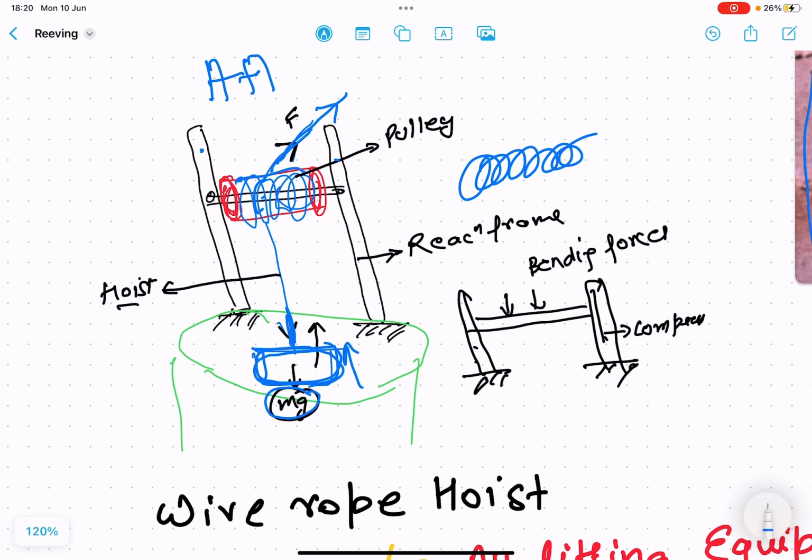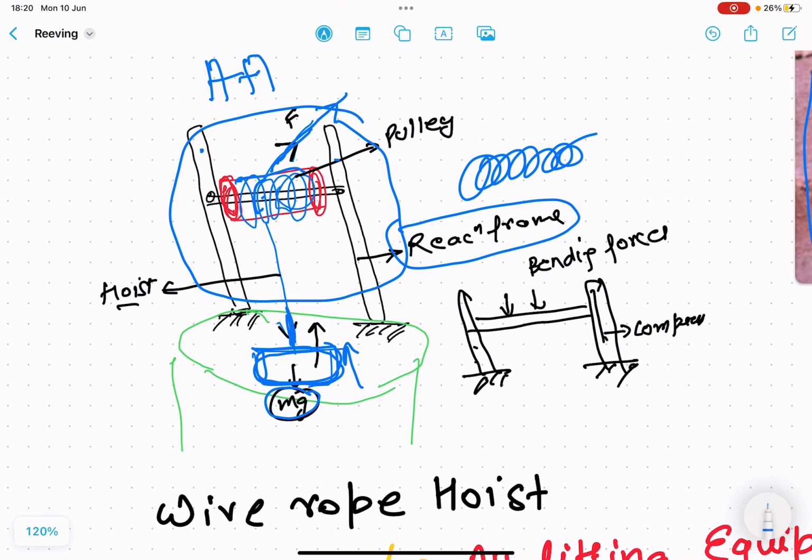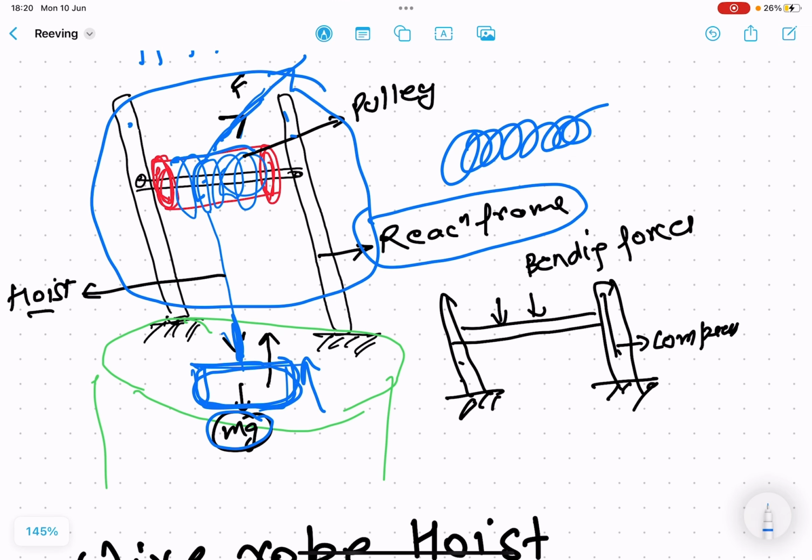The second thing is that there is one reaction frame that is required in order to distribute the extra additional forces that are generated. If we make the FBD of this reaction frame, this part is under bending, having bending forces, and this part is under compression.